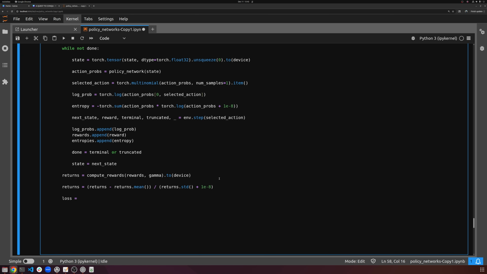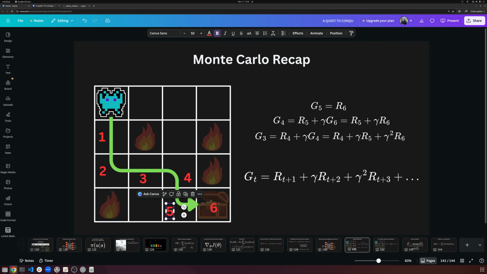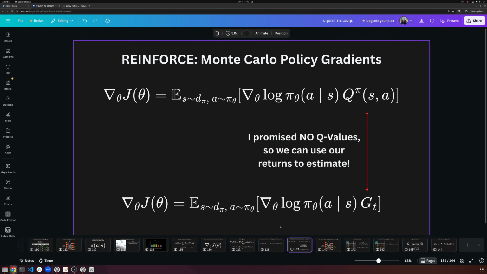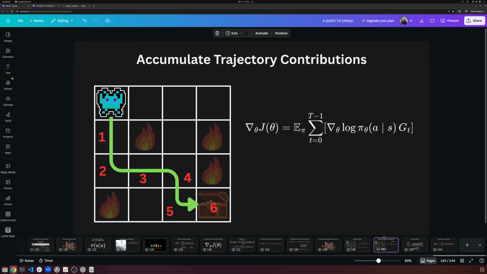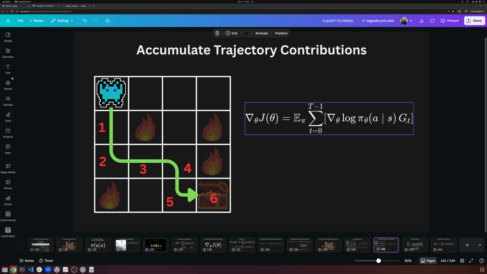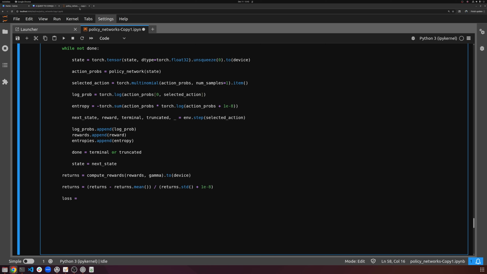Then our loss is going to be equal to, and this is everything we've worked up to, this loss function right here. We're going to do the returns times the log probabilities, and then sum it up across all of the different time steps, so we get the contributions from the different time steps. So it's going to be negative torch.sum.